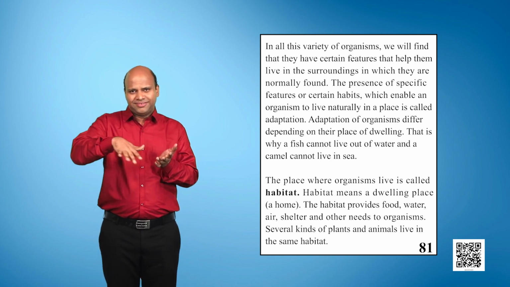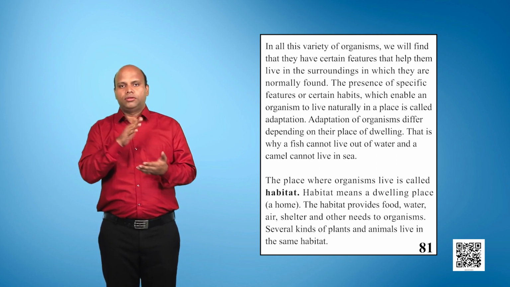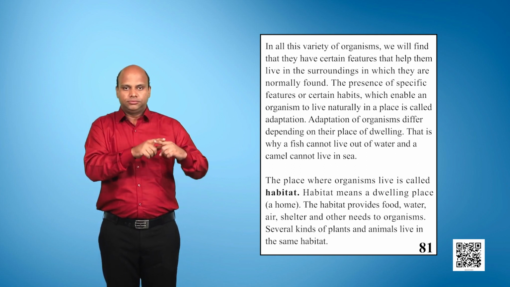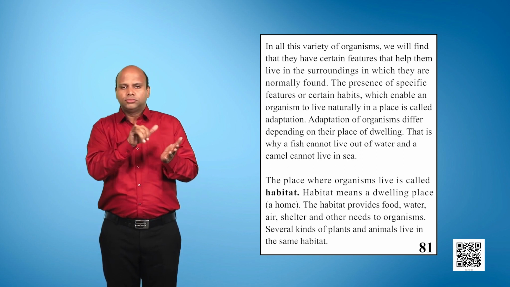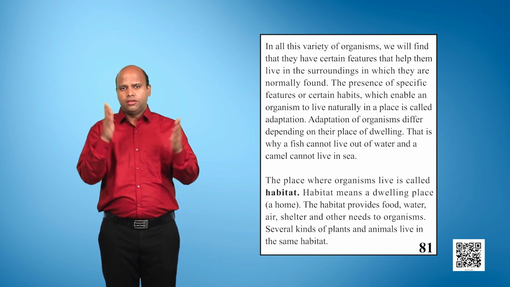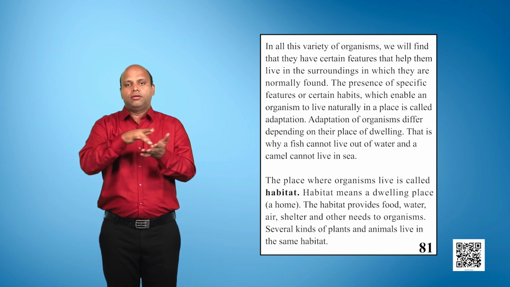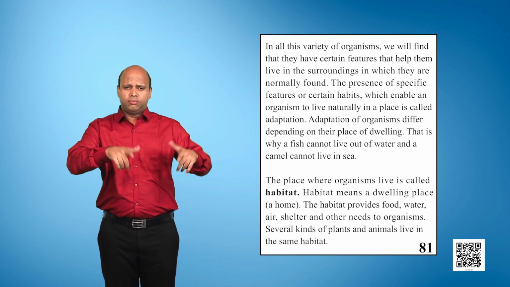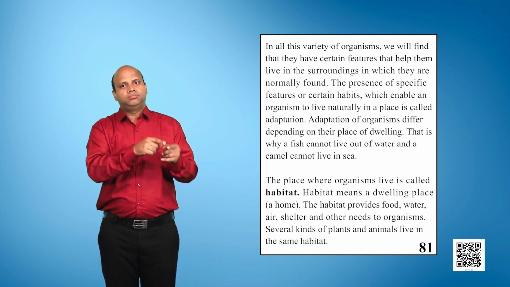The place where organisms live is called habitat. Habitat means a dwelling place or a home. The habitat provides food, water, air, shelter, and other needs to organisms. Several kinds of plants and animals live in the same habitat.